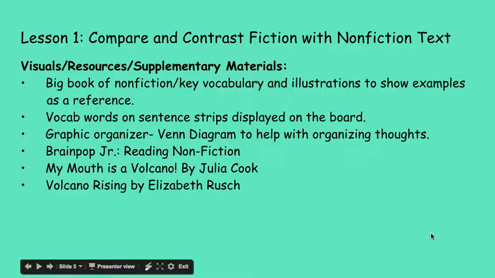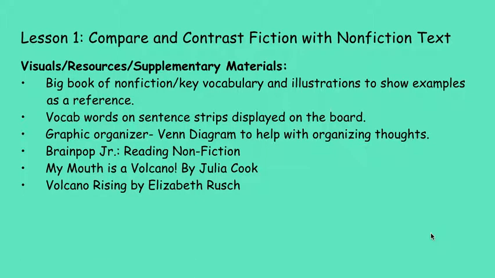Now in lesson 1, the visuals, resources, and all the materials that we needed were that I had a big book of nonfiction text features. Key vocabulary and illustrations were in there, and those were just really big examples so that students could reference them if they needed.